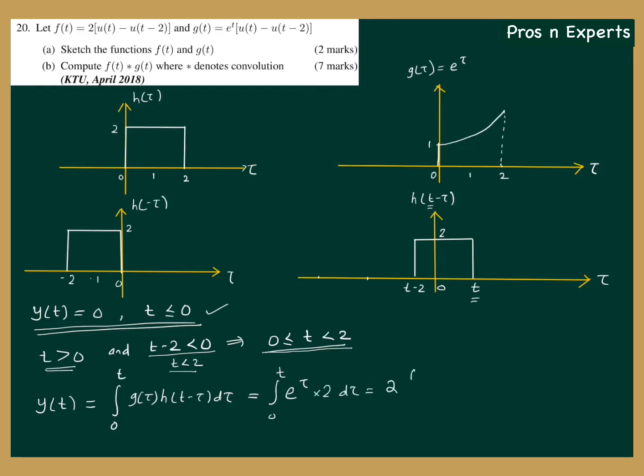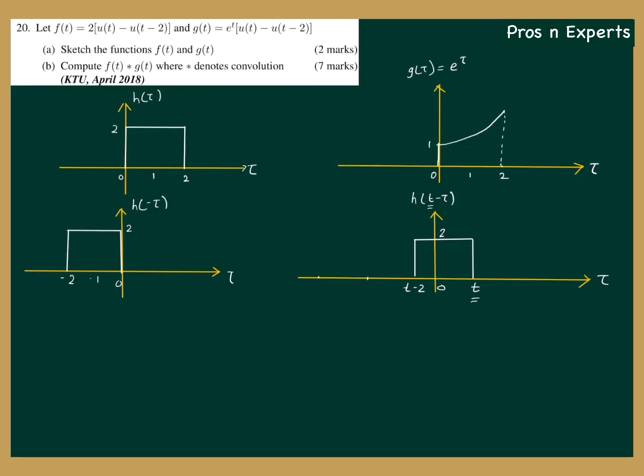That is 2 into the integral over 0 to t of e raised to tau d tau, which will give you 2 times e raised to tau itself, and when you substitute the limits, you will get 2 into e raised to t minus 1. So y of t equal to 2 into e raised to t minus 1. What is the limit? Within 0 less than or equal to t less than 2. This is the second condition of our output.